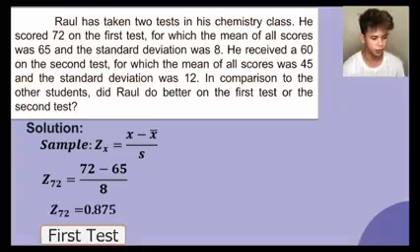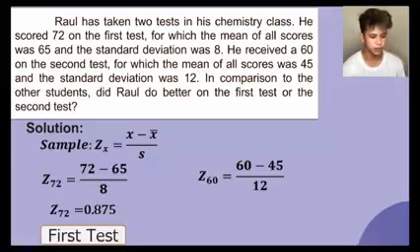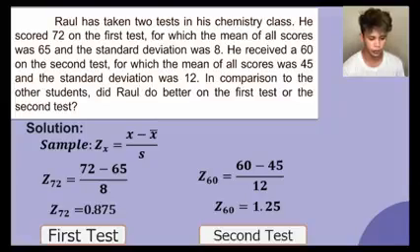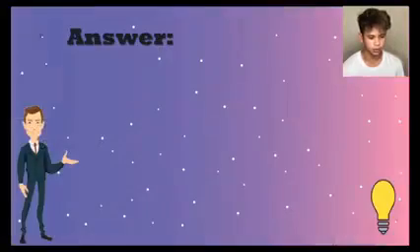Therefore, Z sub 72 is equal to 0.875. That is the first test. Then the second test is (60 minus 45) over 12 is equal to 1.25. So that is the second test.